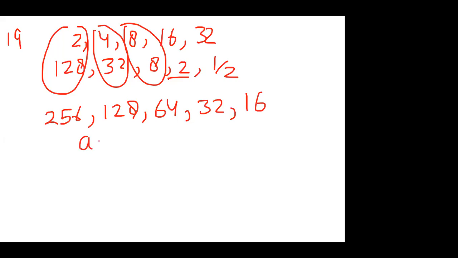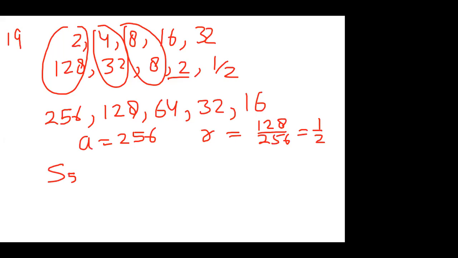Now the first term will be 256 and the common ratio r will be second term upon first term, 128 upon 256, that is 1 by 2. We need to find the sum of 5 terms, S5, which equals a into 1 minus r to the power 5 upon 1 minus r.